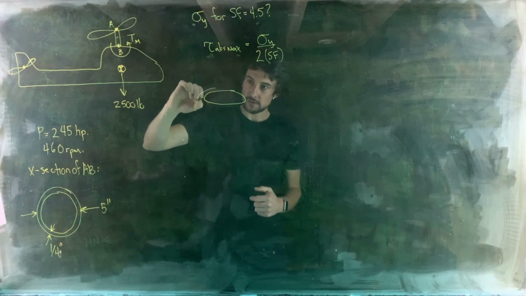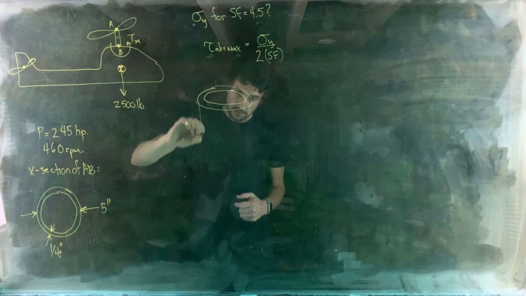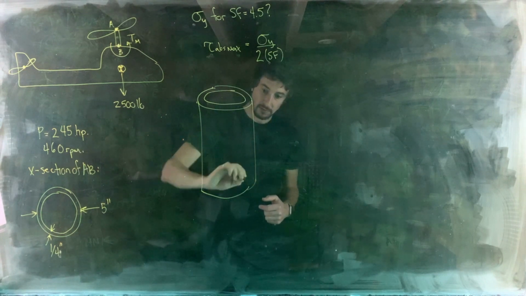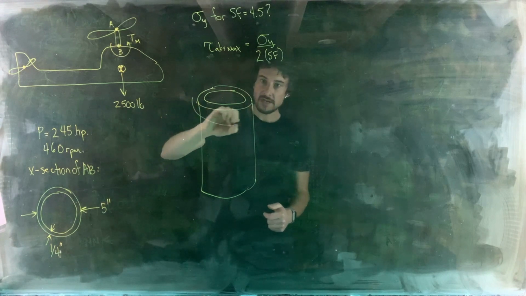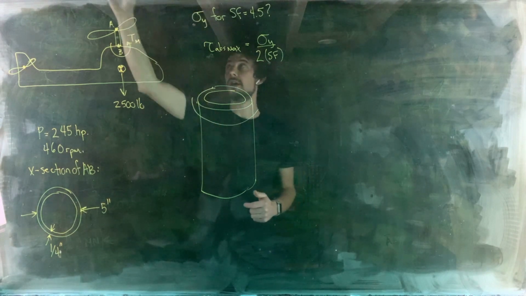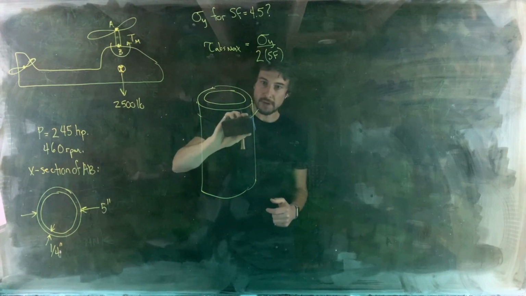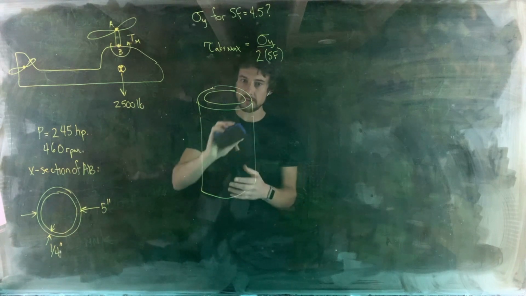Okay, so it's a rotor shaft AB. So we've got Tm, well, Tm should be applied to the bottom of the shaft where the actual motor is. So let's correct that.